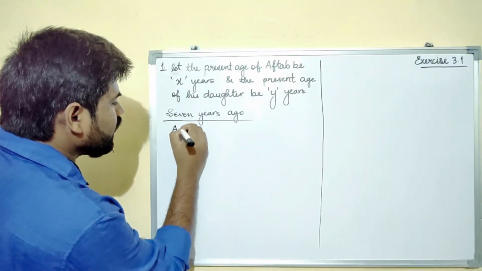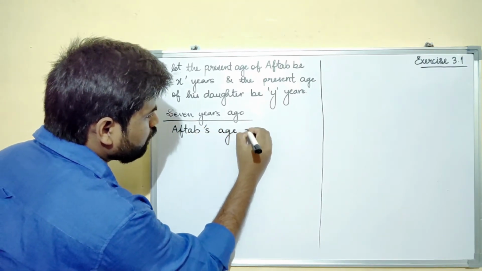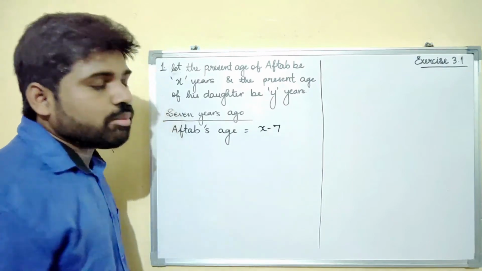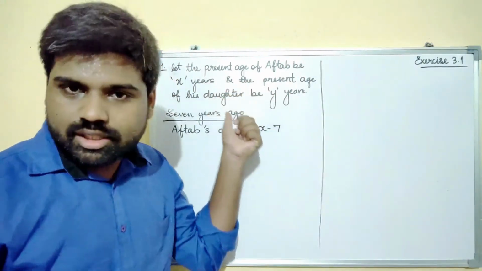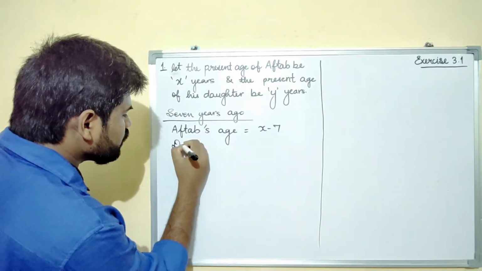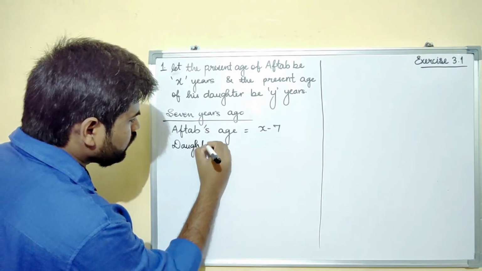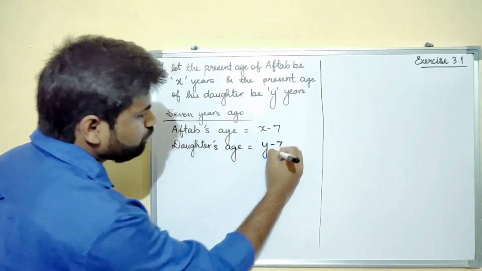So let us calculate the age of Aftab 7 years ago. It will be x minus 7. That means he has to go 7 years back from his present age. Similarly, let us find the daughter's age. Daughter's age equals y minus 7.